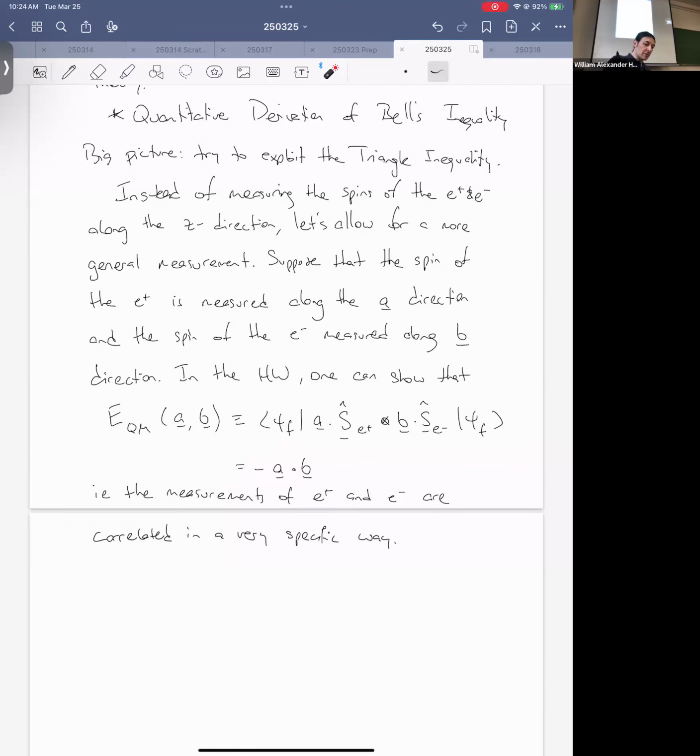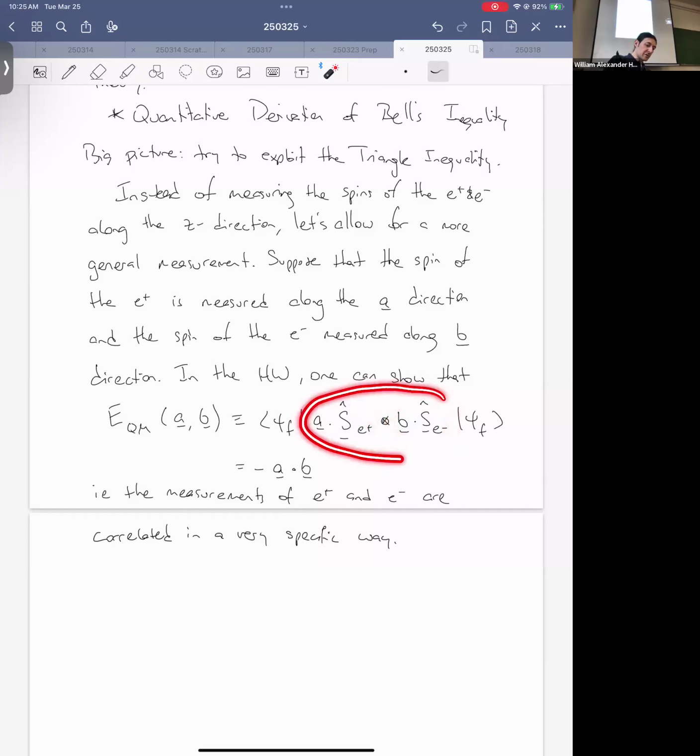But we're allowed to be more general. We have A and B here. So this expectation value is a product expectation. There's a dot product between the direction of measurement for the E plus and the spin operator on the E plus, and a dot product between the direction measured for the E minus and the spin operator for the E minus.